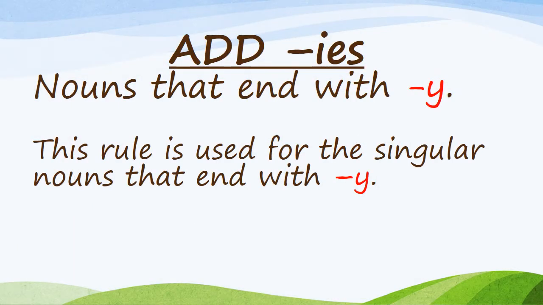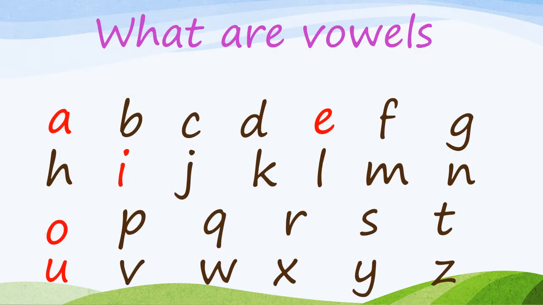The third rule, that is add IES, applies to those nouns that end with Y. This rule is used for the singular nouns that end with Y. First thing we need to know is what are vowels.